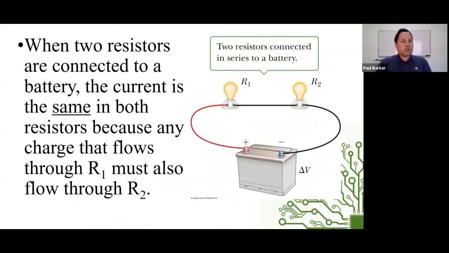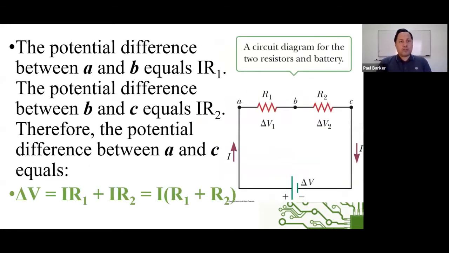When 2 resistors are connected to a battery, the current is the same for both resistors, because any charge that flows through the first resistor also has to flow through the second resistor. So they end up having the same current throughout all the resistors. The potential difference between A and B equals IR1. The potential difference between B and C equals IR2.